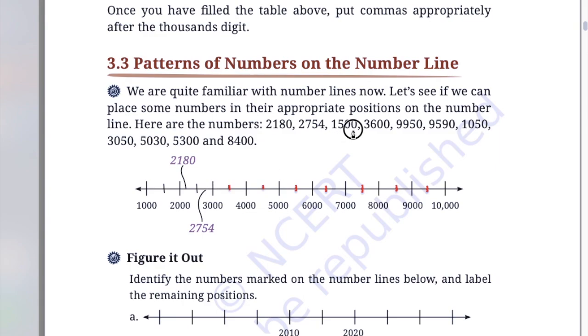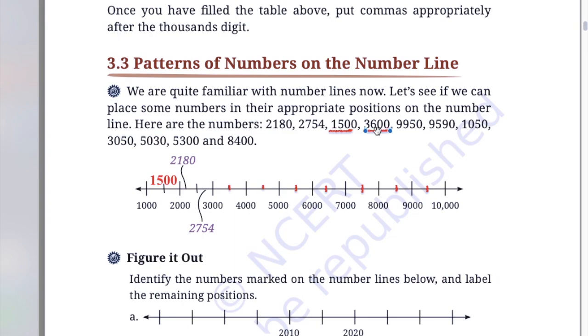Now 1500, where will 1500 be? So 1500 is exactly the middle point, exactly here between 1000 and 2000. This point is 1500. Next is 3600.